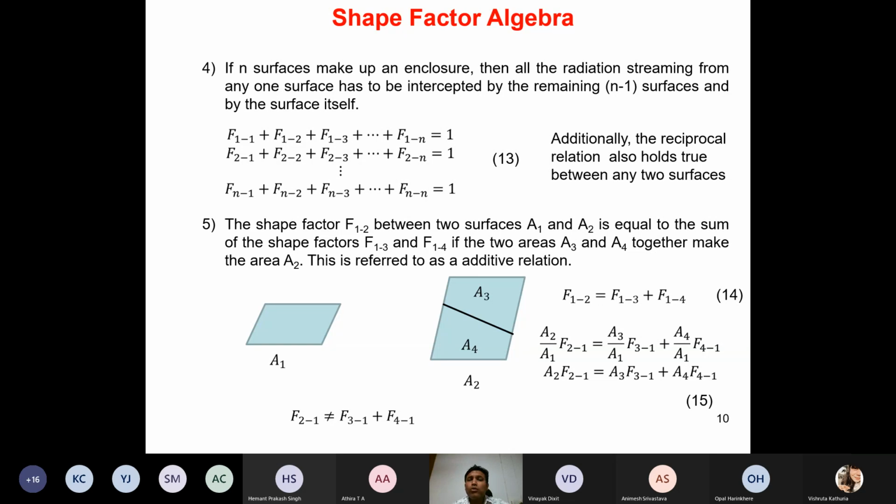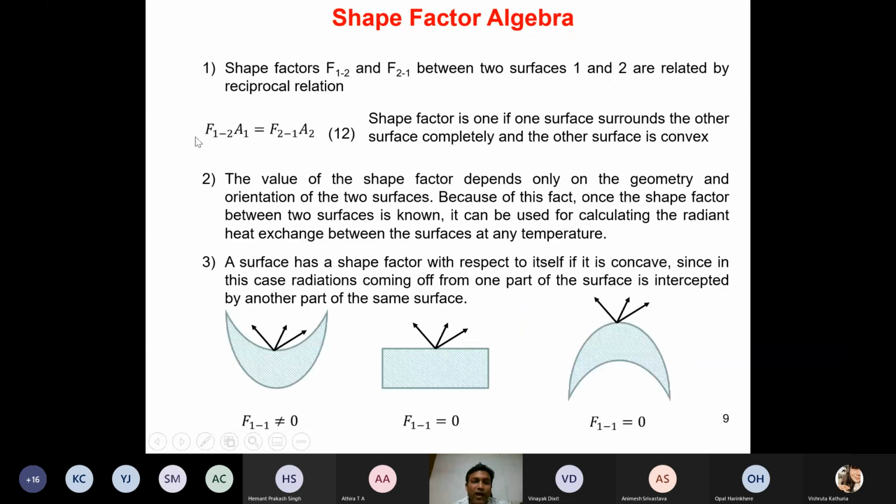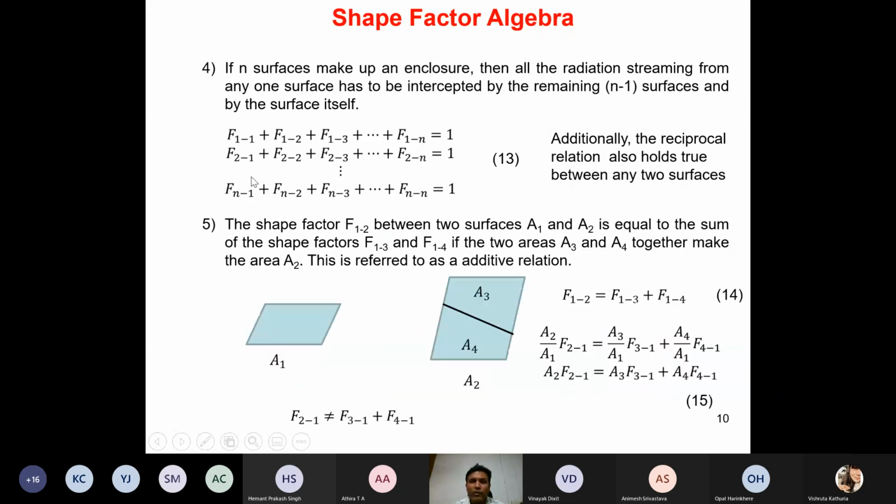So in addition to this equation number 13, the reciprocal relation is also valid. Remember that this equation is valid, and on top of that, the reciprocal relation which we have seen, equation number 12, with respect to any two surfaces will be valid. So for example, in this case, F11 and F12, sorry, F12 and F21, these are related by a reciprocal relation. How is the reciprocal relation going to be in this case?